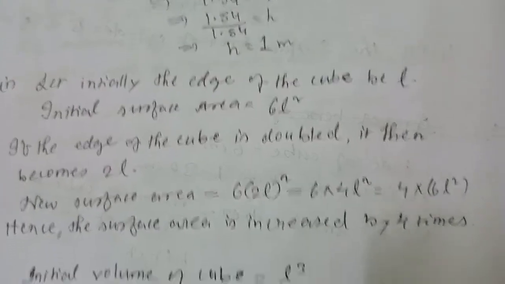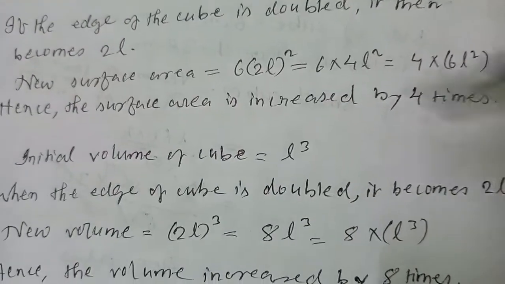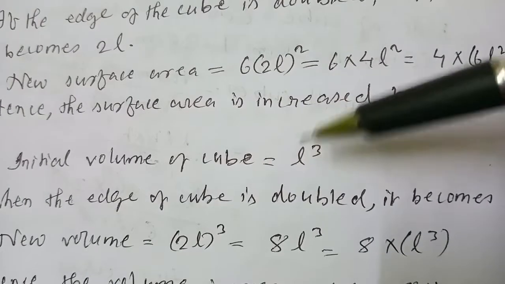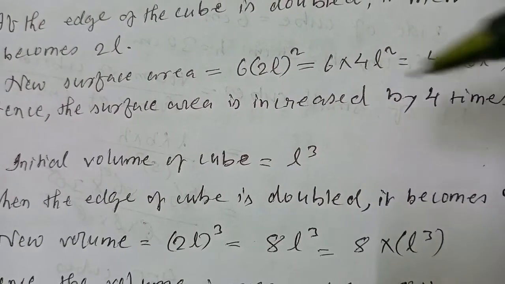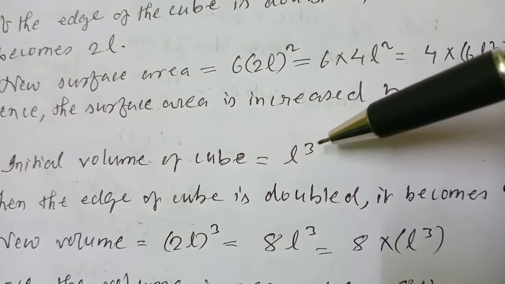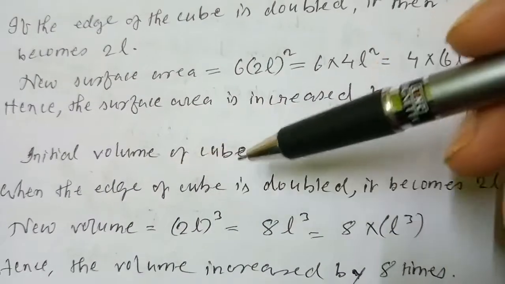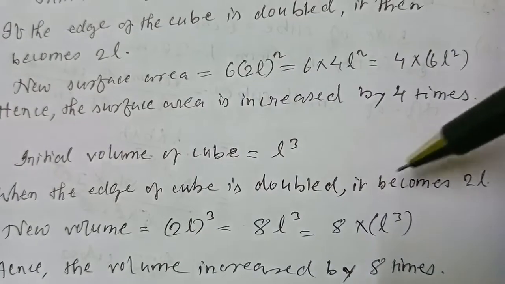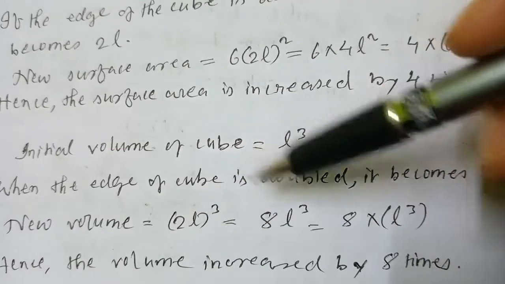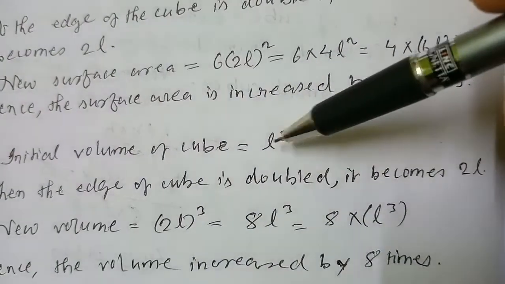Now next the volume. So how the volume will increase? So initial volume of the cube is L cube. Okay. The volume formula is what? Side cube. Side into side into side. So you assume the side is L. So it is L cube. So when the edge of the cube is doubled, that means it becomes 2L. Okay. Now new volume will be what? Now we will put this 2L in this formula.